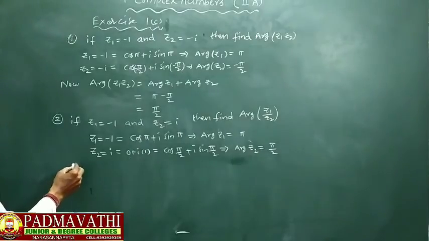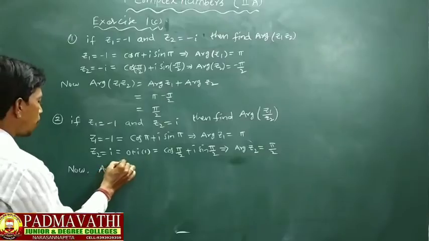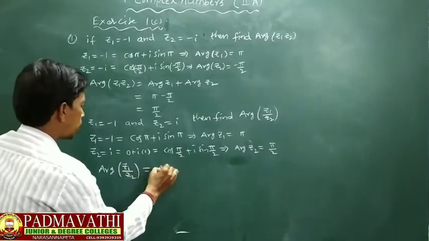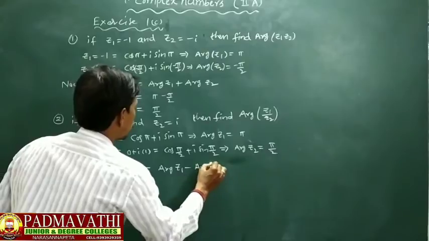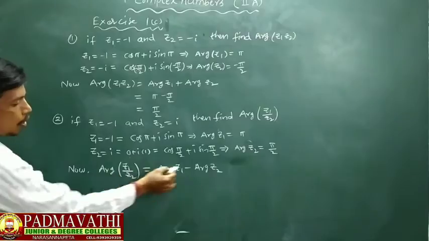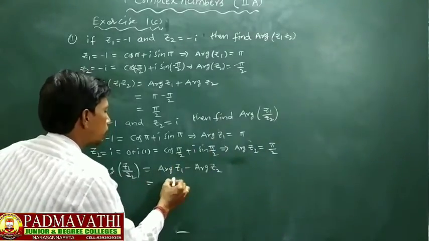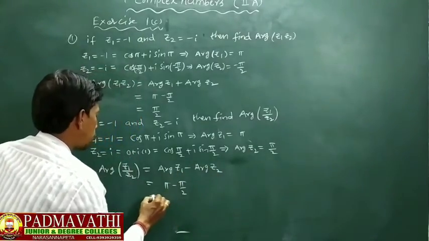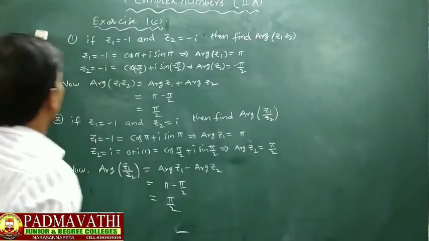Now arg(z1 by z2), the formula is arg z1 minus arg z2. Multiplication becomes plus, division becomes minus. So arg z1 is pi, arg z2 is pi by 2, so pi minus pi by 2 equals pi by 2. Now next problem.